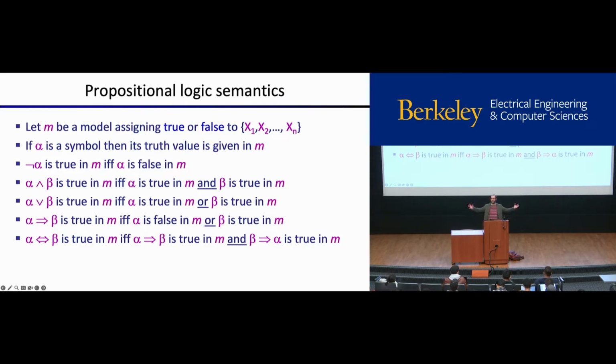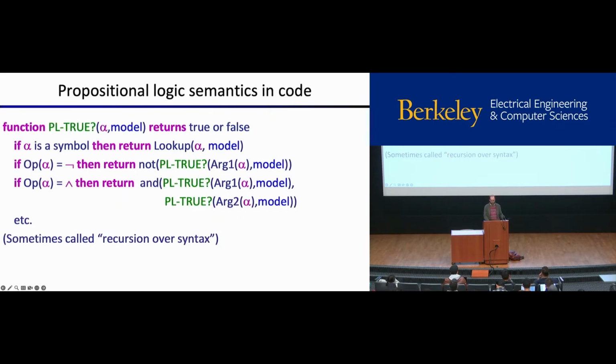If we have a big complex sentence, then we work down from the highest level symbol. This is sometimes called recursion over syntax. So here's our function for taking in a sentence and a model and returning true or false. If our sentence is very simple, if it's just a symbol, then we look up the symbol in the model. Done.